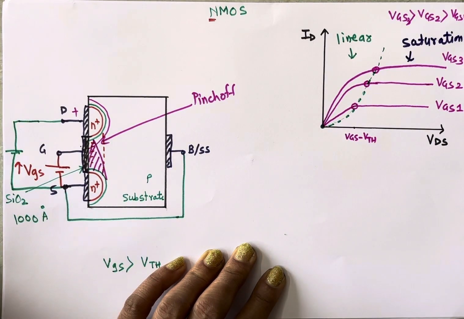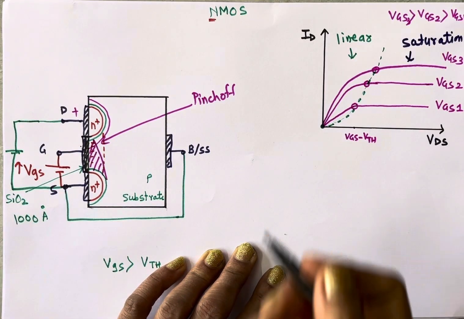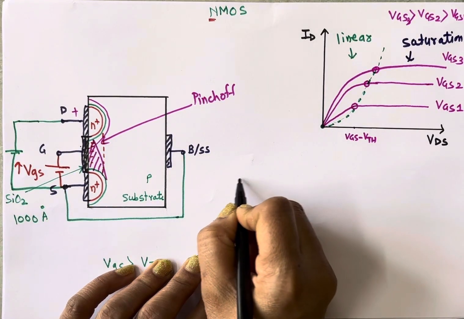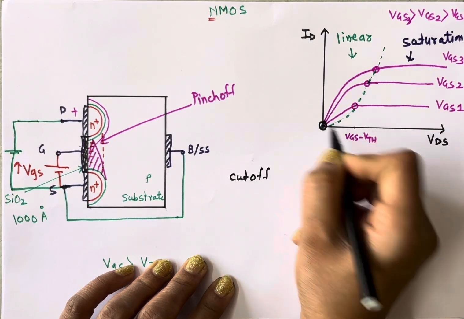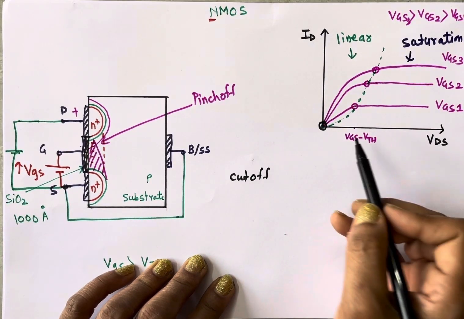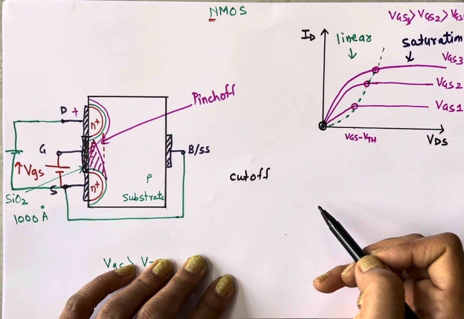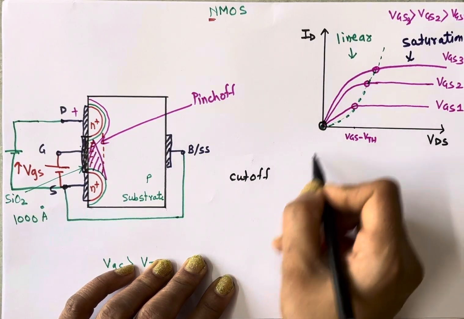So now let's write the equations for ID, that is our output current. Very first is the cutoff region. Cutoff means here, this point, when no drain to source voltage is applied. So what happens in the cutoff region?